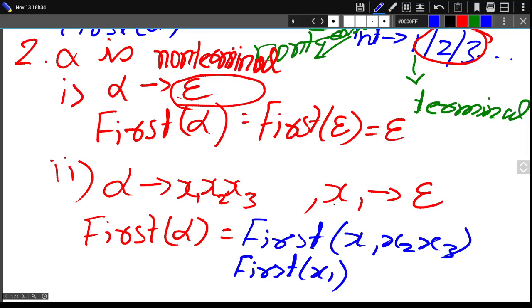But one more thing is this, x1 has epsilon also. In that case, what will happen? I should say union. First of x1 union first of x2, x3. So this is something about this first function.